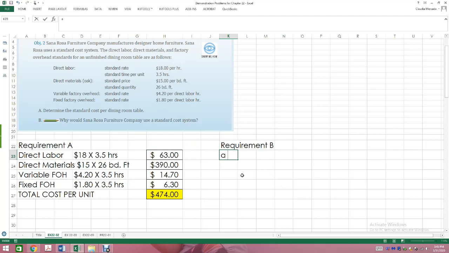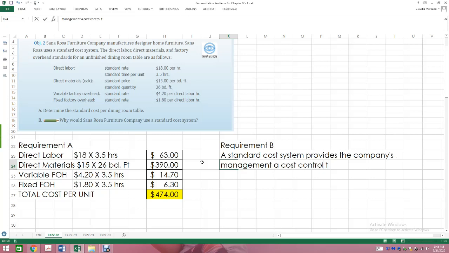Basically, a standard cost system provides the company's management a cost control tool using the principle of management by exception.